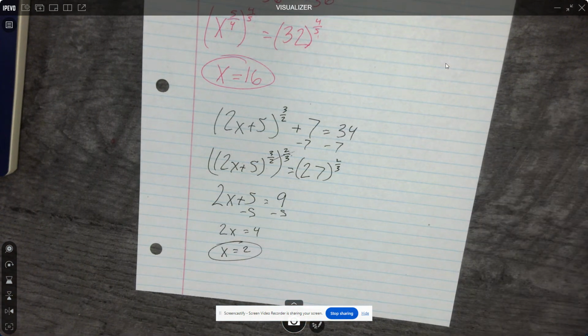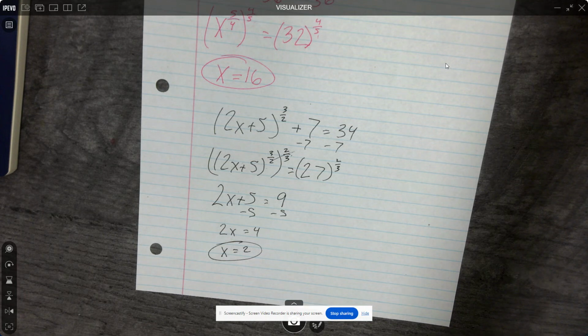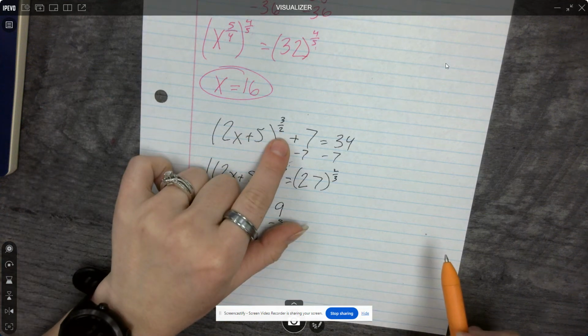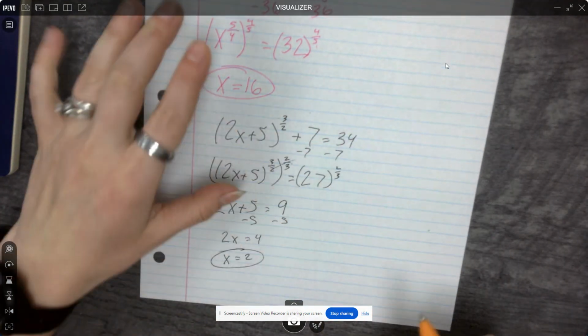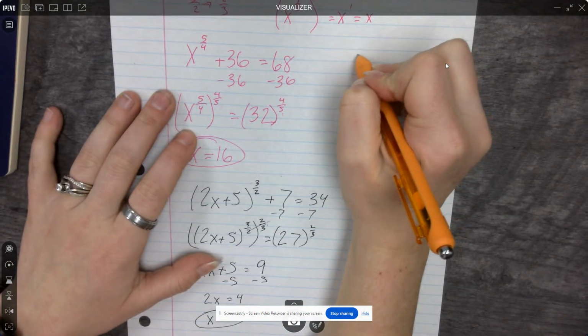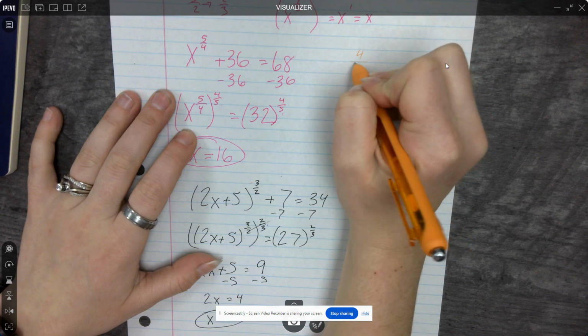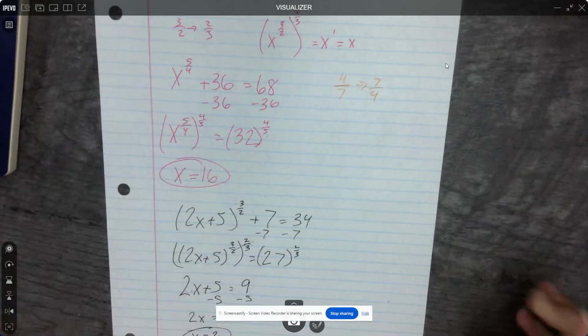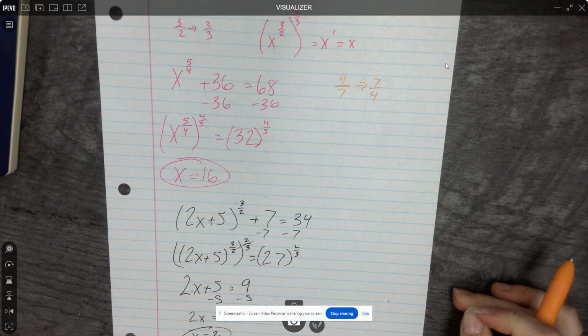I do want to point out, I think there's one problem on your practice worksheet if you have a negative exponent. So if instead of 3 over 2, I had a negative 3 over 2. Okay? The reciprocal of a fraction, 4 over 7, is 7 over 4. Because what it means to be reciprocal is we just flip it upside down.